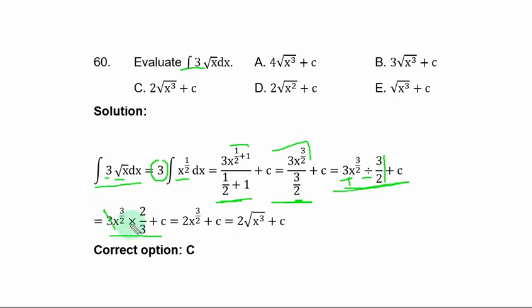Now 3 cancels 3, you are left with 2s to the power of 3 over 2 plus c. That power of 3 over 2 means square root, so you have 2 times square root of s cubed plus c, the constant of integration. Whenever you are dealing with indefinite integrals, the constant of integration is always added.